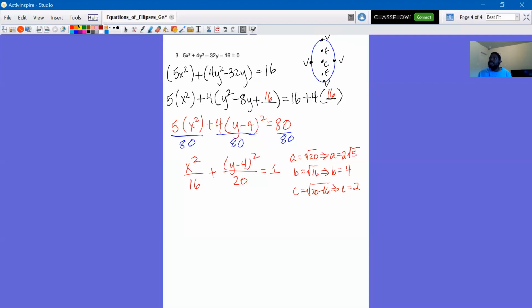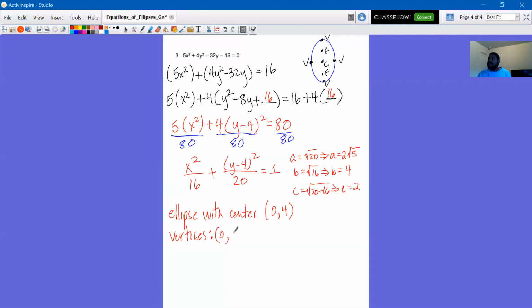So we're ready to describe the ellipse. We have an ellipse with center 0, 4, vertices. Because it's stretched vertically, what we want to do is add a to the y coordinate of the center.